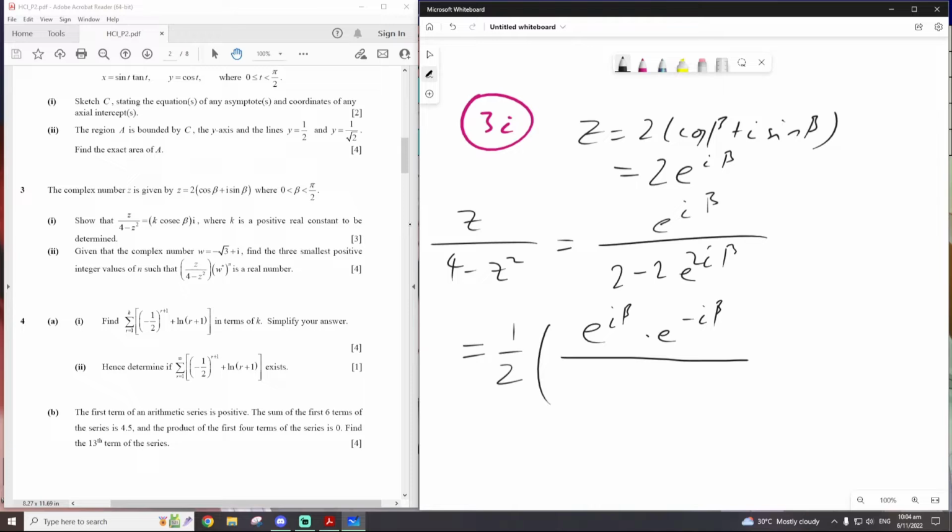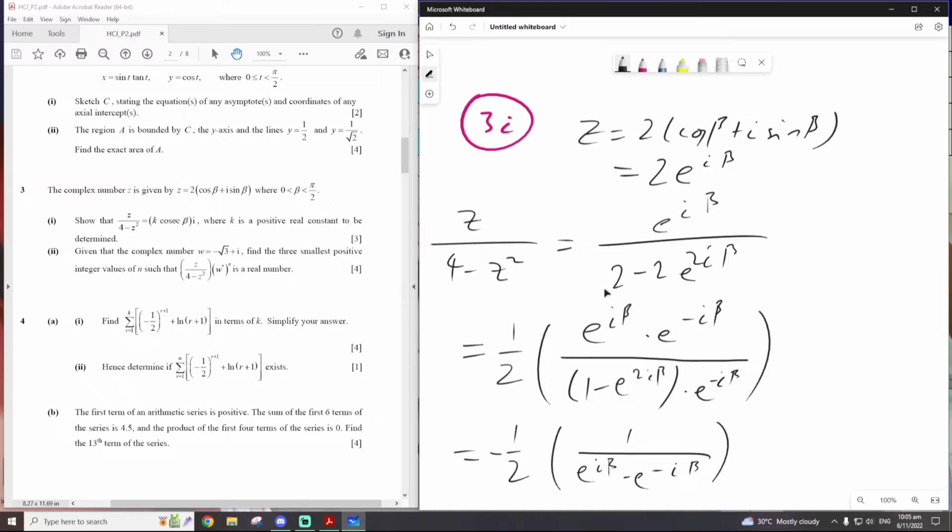Okay, so I'll get 1 minus e^(2i beta) times e^(negative i beta). So this is like a half angle kind of trick. If you do that, you'll get 1 at the top. 1 over, this is e^(negative i beta) minus e^(i beta). So I'll write this as negative here, and I'll put the e^(i beta) first, minus e^(negative i beta).